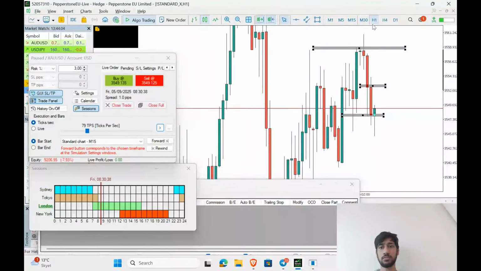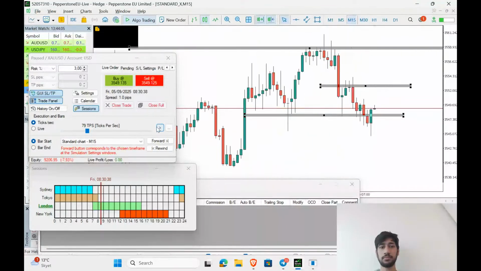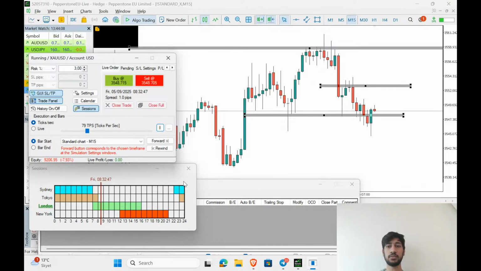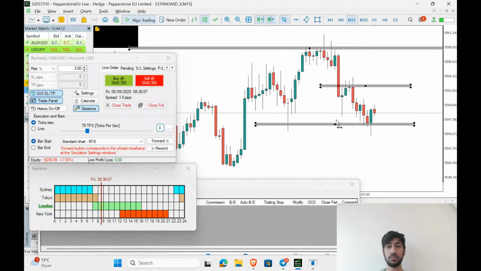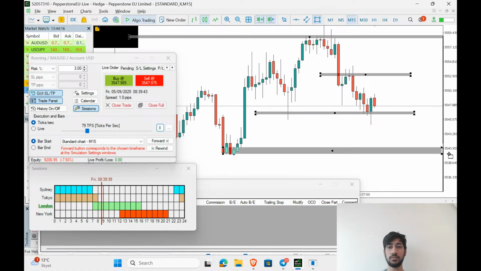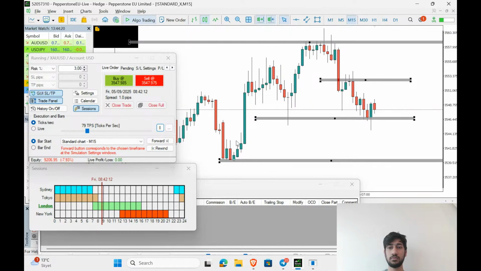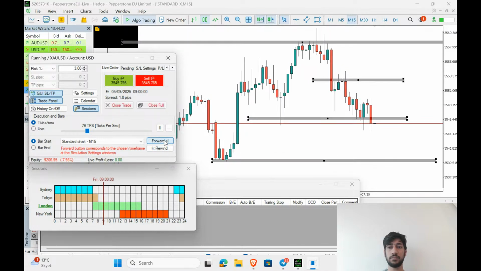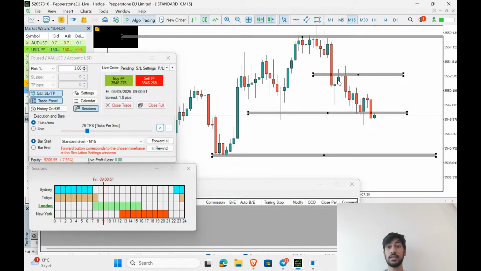And H1 is also bearish, so I can't buy on M30. But if this 15-minute closes below this range, bro, it's a very high chance we are going down to fill this range. Just like that, brother.